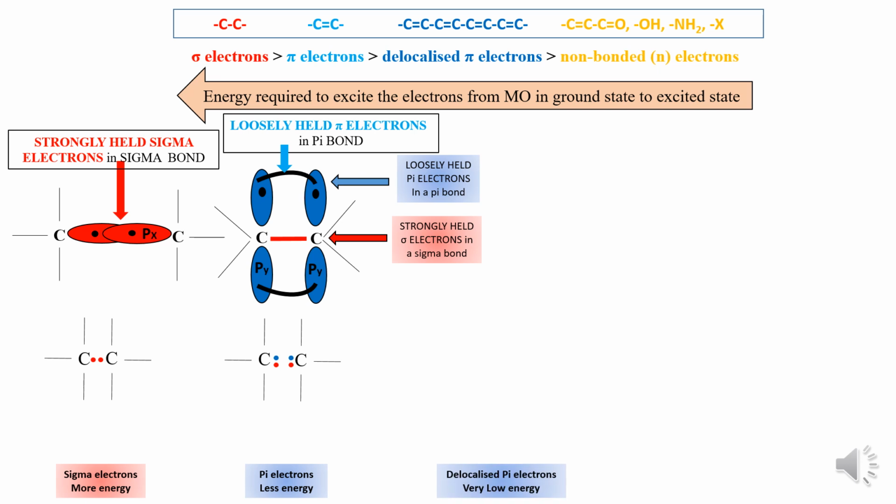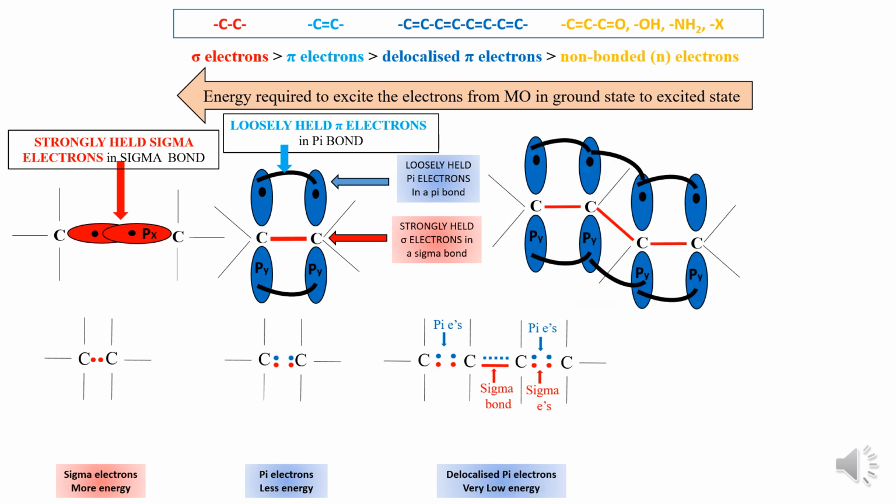Now in the case of delocalized pi electrons, comparatively less energy is required than for pi electrons. Delocalized pi molecular orbitals are formed by continuous overlapping of p orbitals present on adjacent carbon atoms in the case of conjugated systems.